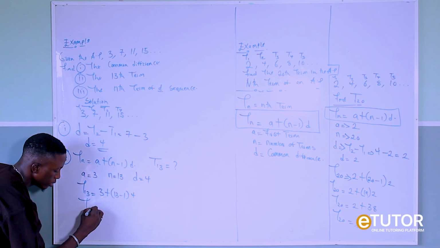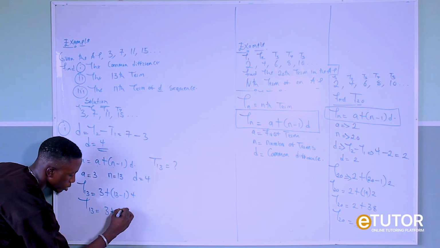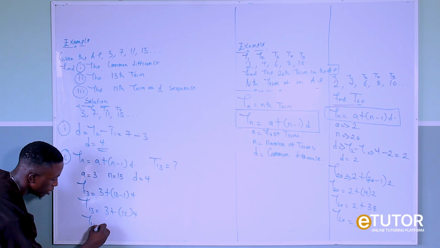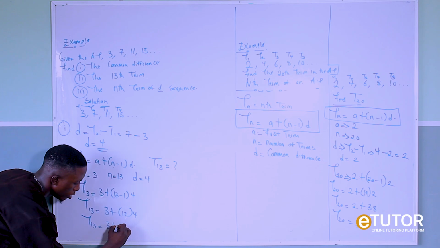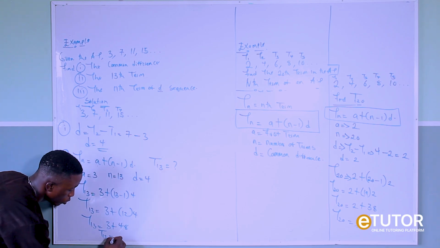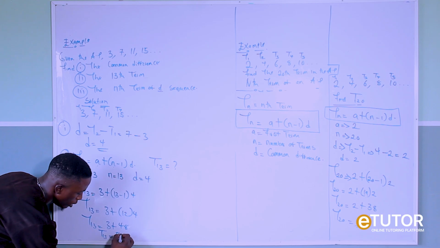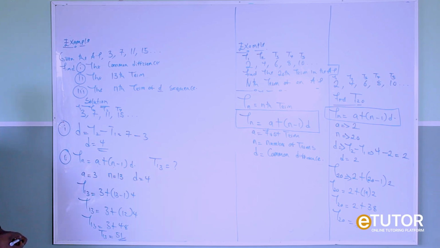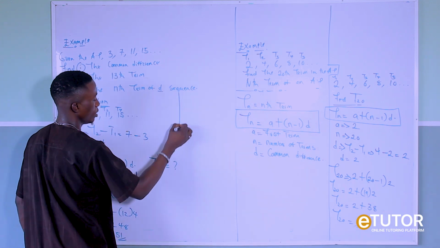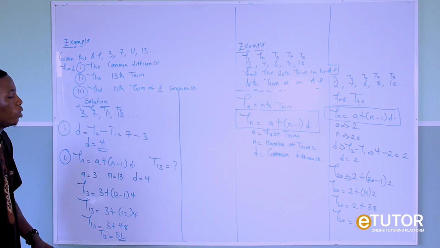So my T13 equals 3 plus 12 times 4. So my T13 equals 3 plus 48. So my T13 equals 51. So the 13th term of this sequence is 51.